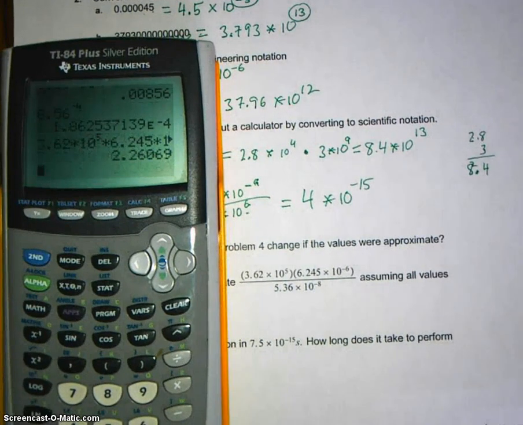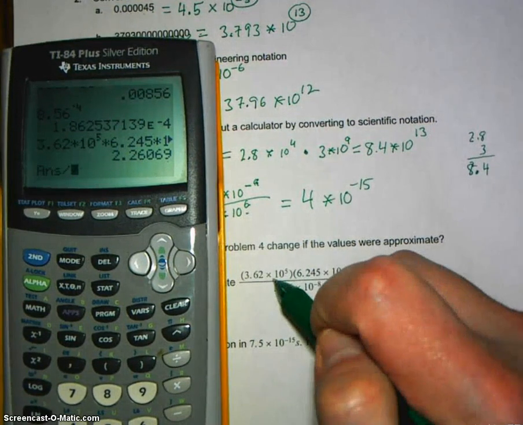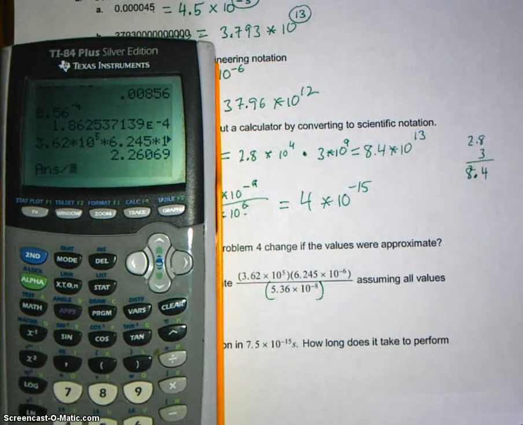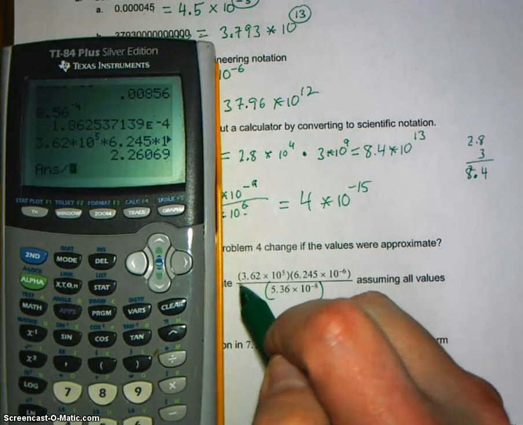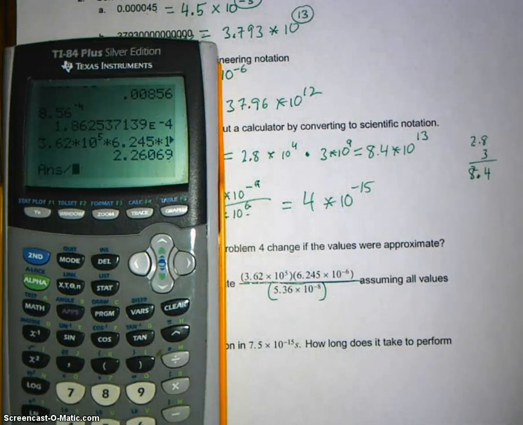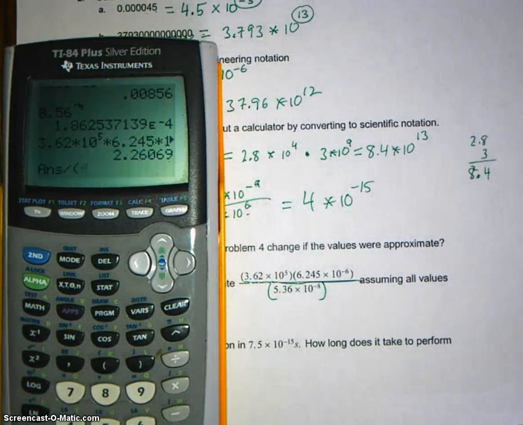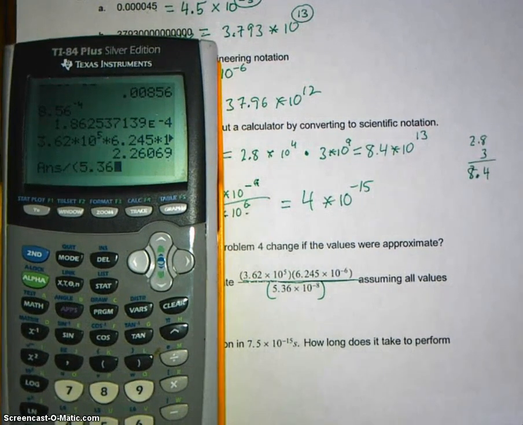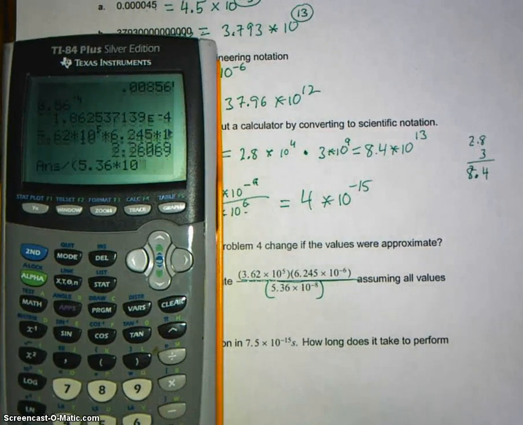I'm going to get that answer. And then I'm going to divide by, now be careful. When I divide, I need to do that multiply first. Remember, this big fraction bar is a set of parentheses. So I need to put that denominator in parentheses, and that's the most common mistake people make with these problems.